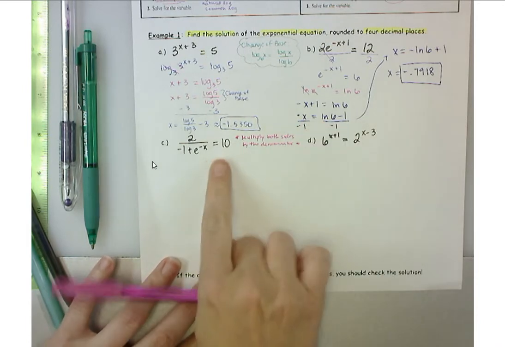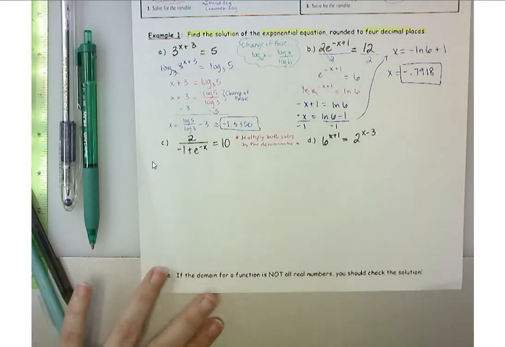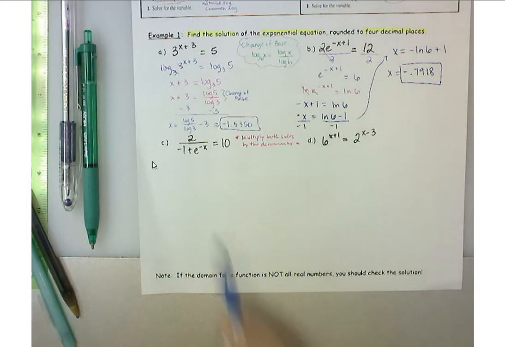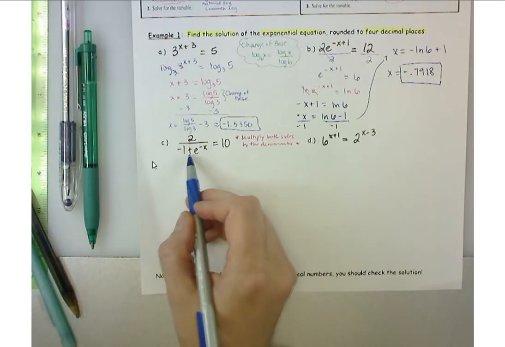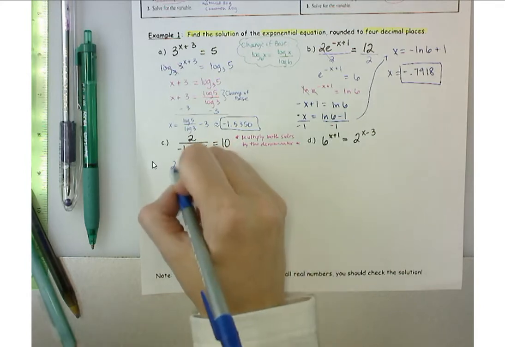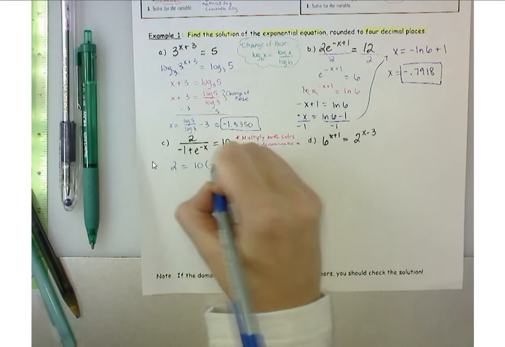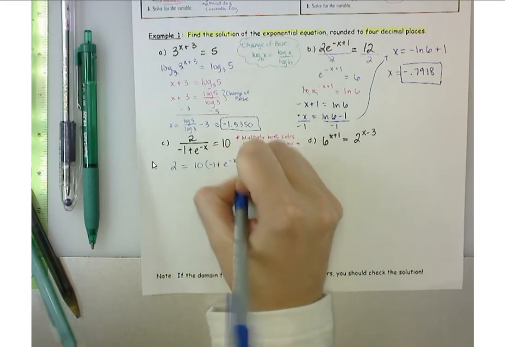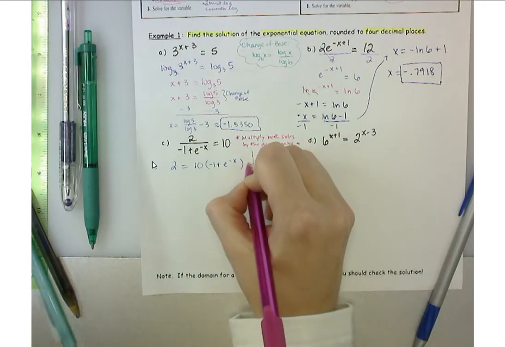I didn't know if some of you were thinking of this as a proportion on how you could cross multiply. Really, you'll get the same thing, right? When I multiply this side by the denominator, what am I going to be left with? 2. So I'm just going to set 2 equal to 10 times your denominator. Okay, so multiply both sides by the denominator. That's how we come to this step.